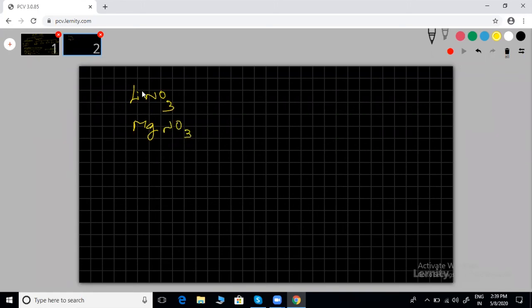Lithium is supposed to be similar to sodium. If I heat NaNO3, I get NaNO2 plus half O2. But in the case of lithium nitrate, we get Li2O plus NO2 plus O2.